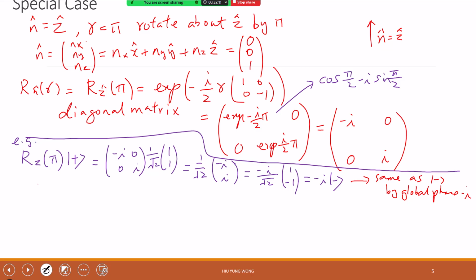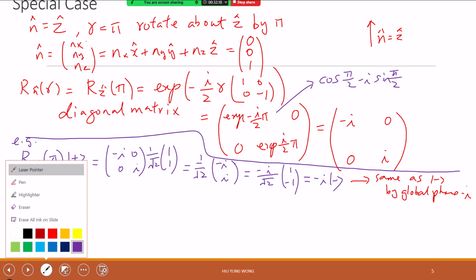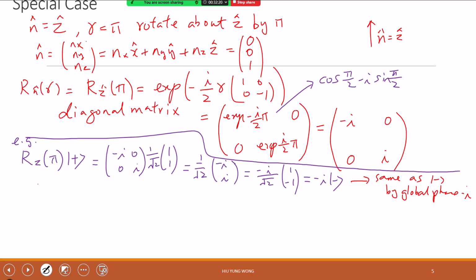In front of the minus, is that considered a phase? Yes, the whole thing negative i is a phase. So we can study a little bit more, right? So what is negative i? The whole thing is a phase. So negative i, you can see is just equal to cosine negative pi over 2 plus i sine negative pi over 2, right?